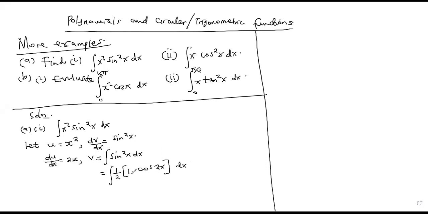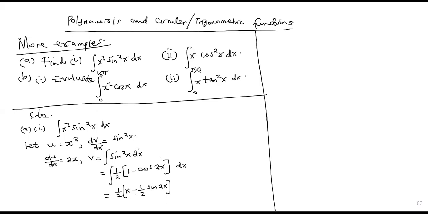Now, of course, when we integrate this, it is going to be a half x, or one can say a half into x. Then when you integrate cos 2x, it will be minus, and if it is a 2, then we move a half down, so it will be a half sine 2x. That is what we get as our v, okay?